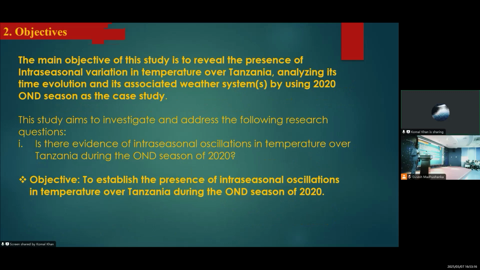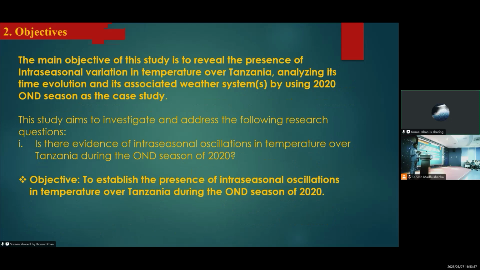Now, objectives. The main objective of this study is to review the presence of intraseasonal variation in temperature. Of course, as I said earlier, previous studies highlighted that this signal exists, but does it exist in temperature?